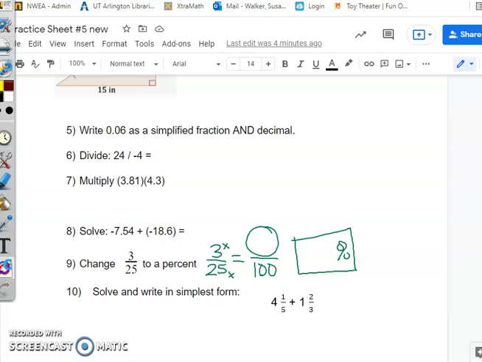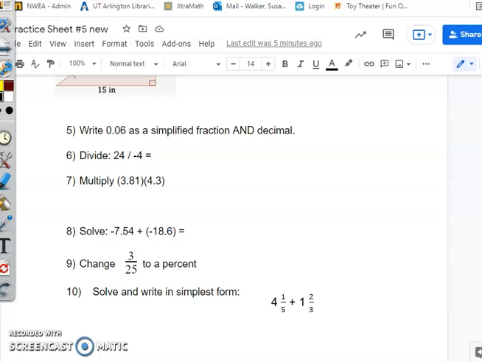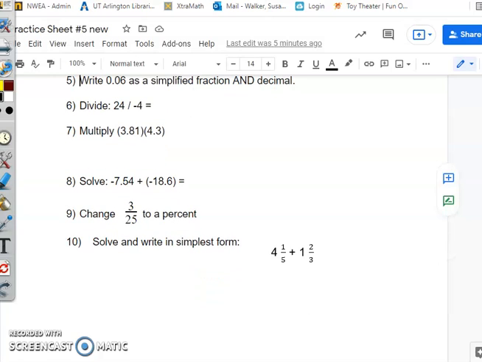Okay, last problem. This is the one we will definitely do all together. Okay. Adding fractions. So we started this last week. Remember, we have to have equal size pieces. Right now, we are having 2 different denominators, okay? So we do not have equal size pieces. So we are going to list our multiples until we can find a common denominator, or preferably a least common denominator, or LCD.